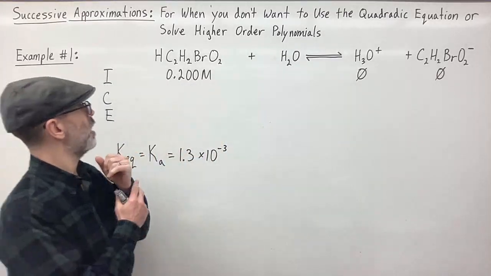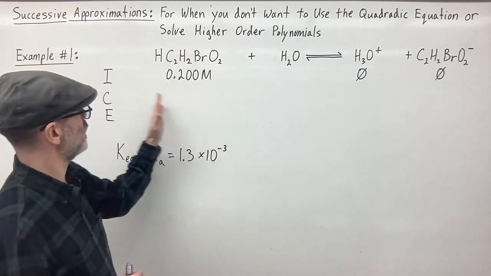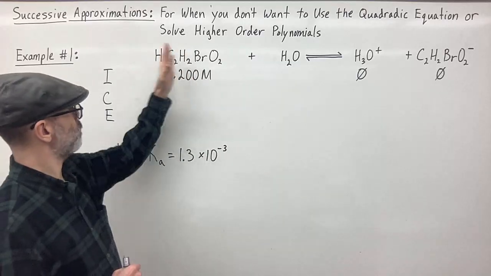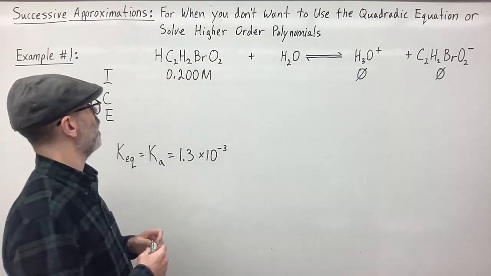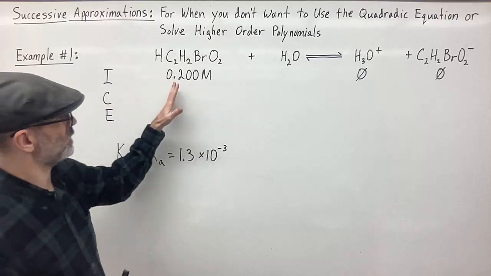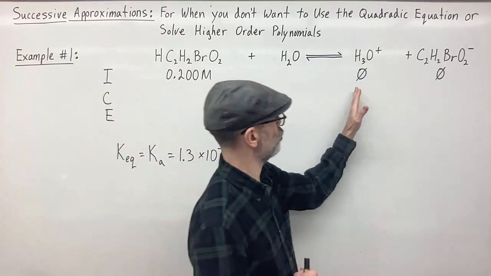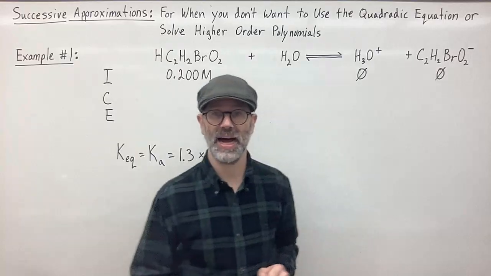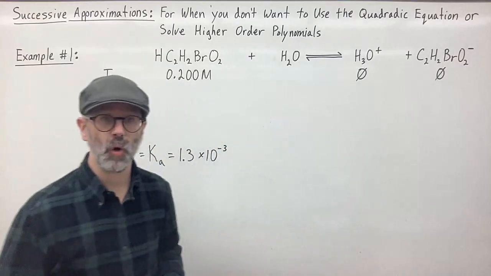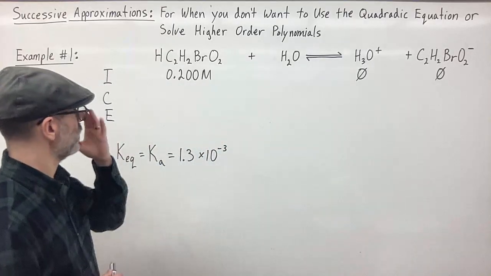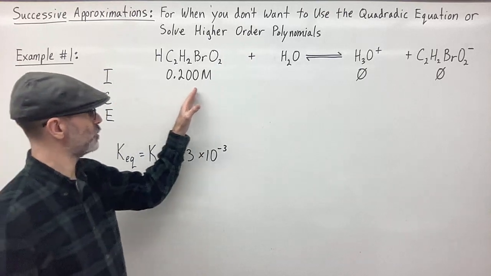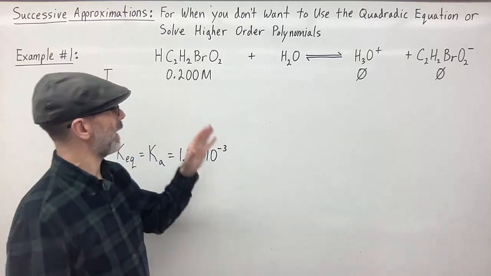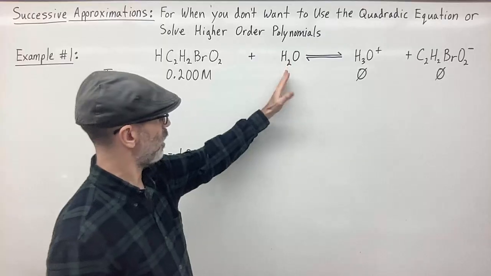Okay, so here I have an acid, right? So we have this acid here, which is your acetobromic acid. And so that's going to react with water to form your hydronium ion and then the anion left over. And so in this example here, I have 0.200 molar, and I have water here.